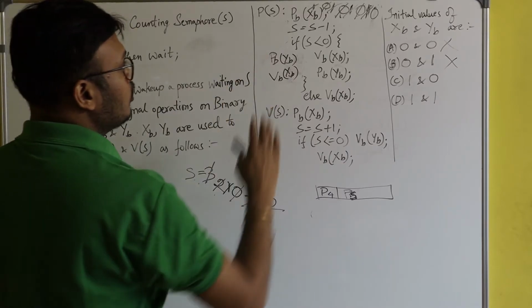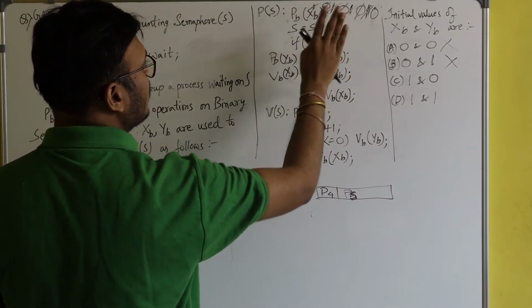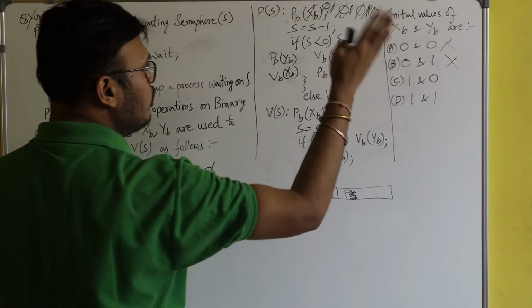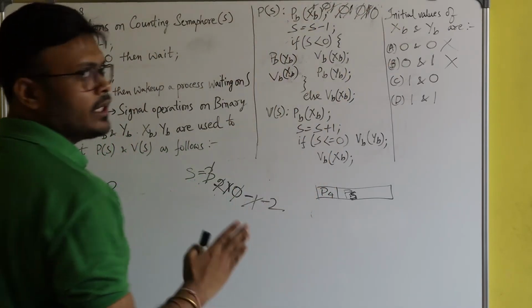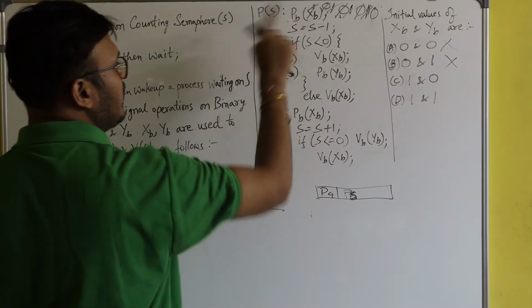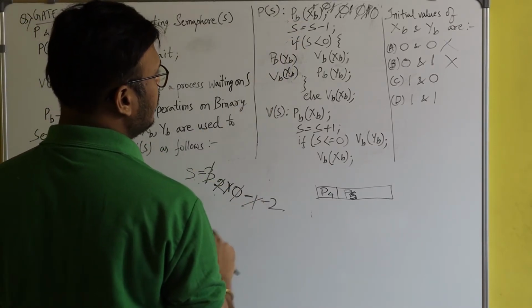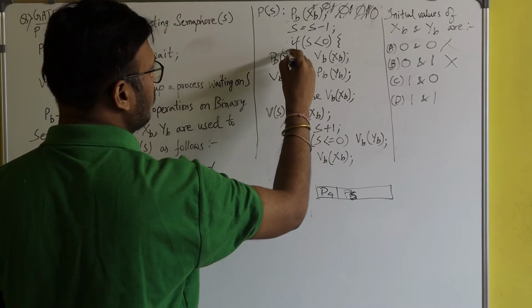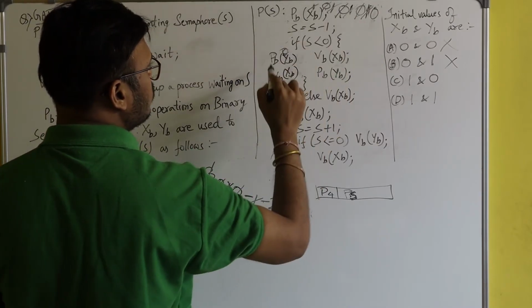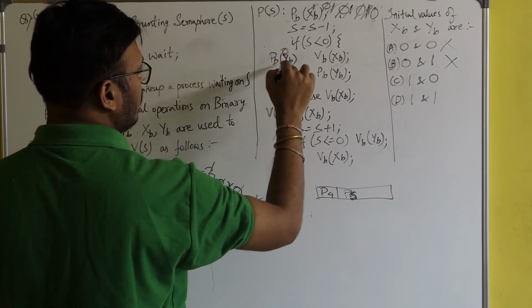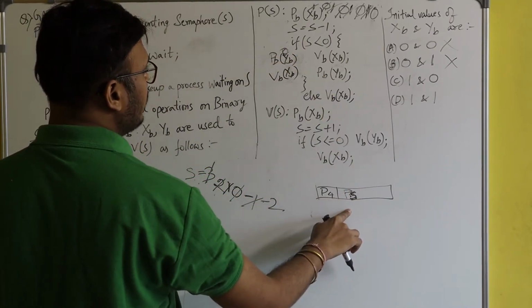So no one will give the signal to XP, and due to this no process could execute this code successfully, this PBXP, because here you see the value of YB is 0, and moreover XP is also 0, so if P5 executes this code, P5 will get blocked.